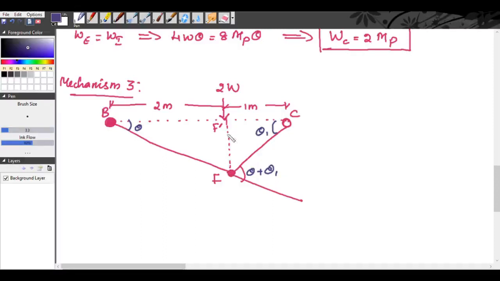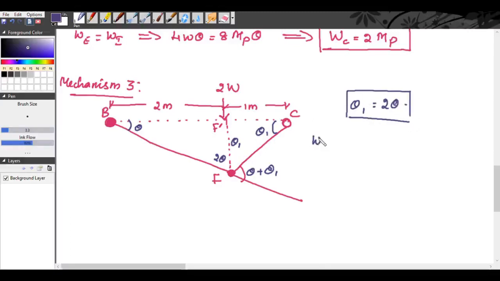And this distance is equal to theta 1, that is 1 into theta 1, or this is equal to 2 times theta, right? This is also equal to 2 times theta. So now we will find the relationship between theta and theta 1. That means, you can see theta 1 is equal to 2 theta.